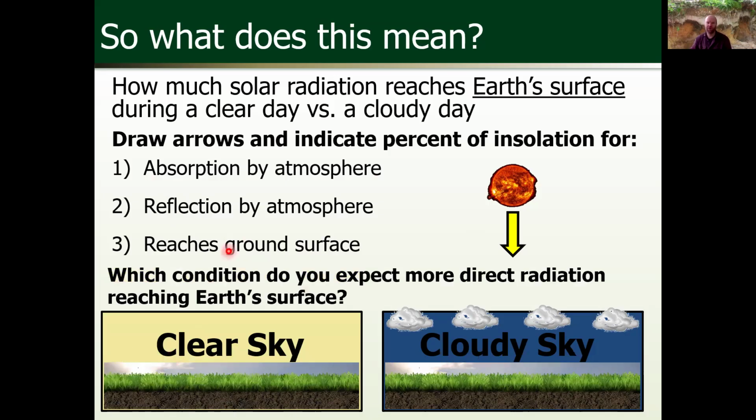And then this all leads us into thinking, which condition, a clear day or a cloudy day, do you expect more direct radiation reaching Earth's surface? And again, direct radiation is the amount of radiation that was emitted by the sun that reaches Earth's surface without being redirected or absorbed and re-emitted.